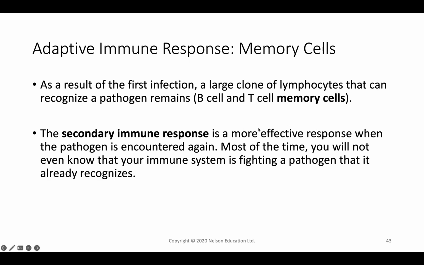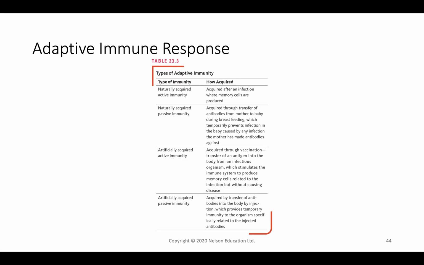You already have the weapon that's very specifically targeting that particular pathogen, and that secondary immune response is so strong that you typically don't even know that you fought that pathogen. That pathogen comes to the door, you go boom, see you later, and you don't even give the pathogen enough time to reproduce underneath the surface of your skin, right? So the secondary immune response is extremely strong and allows us to have a resistance to the second time or the subsequent times that we are exposed to a particular virus or sickness of some sort, right?